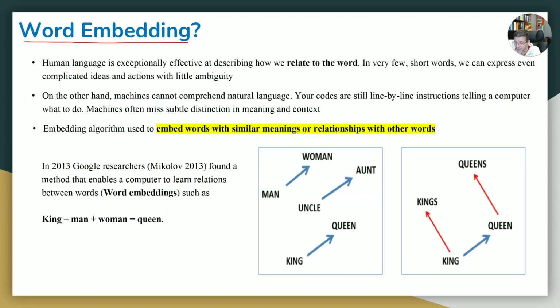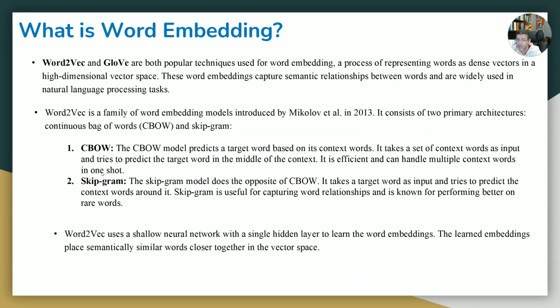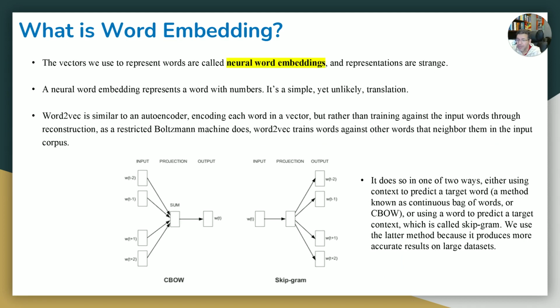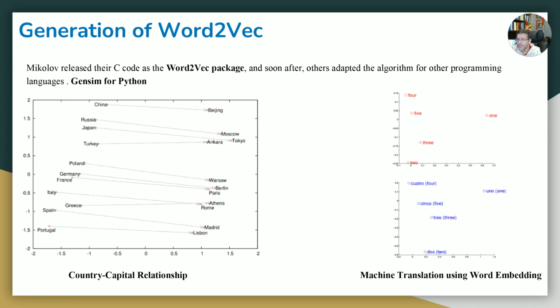This is an algorithm that was designed by Mikolov in 2013. It was in C++, but now it's been transformed into a Python library called Gensim. One method of this word embedding is word2vec.